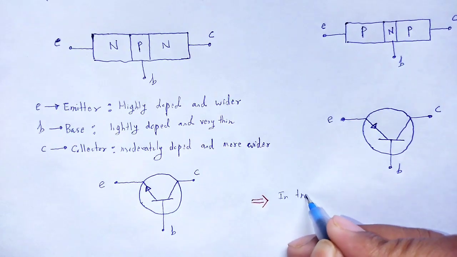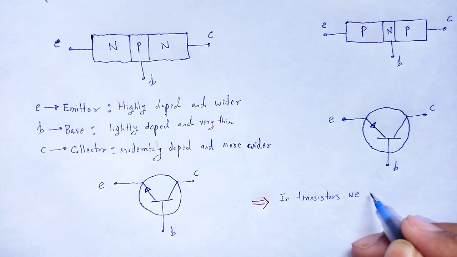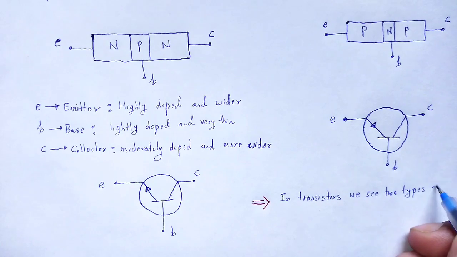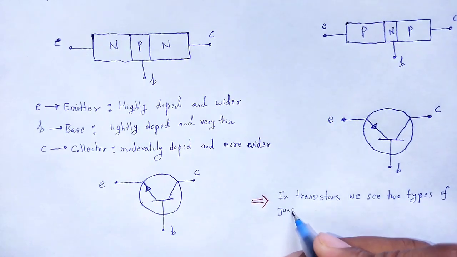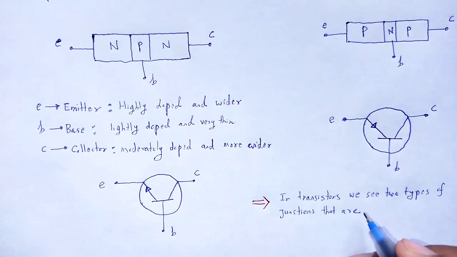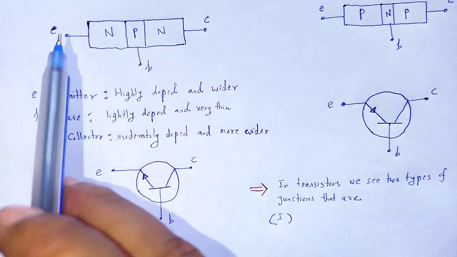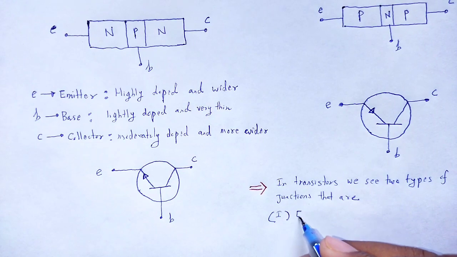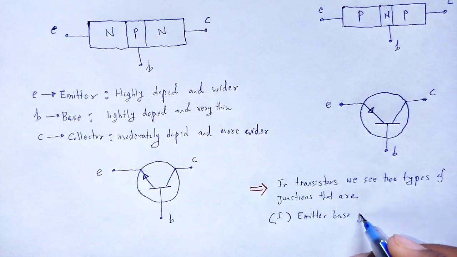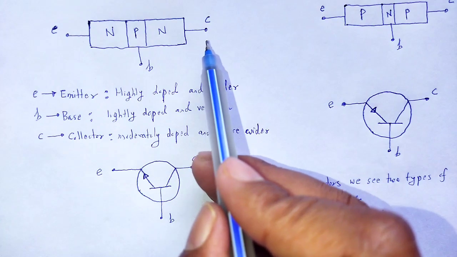In transistors, we see two types of junctions. One is the emitter base junction, another one is the collector base junction.